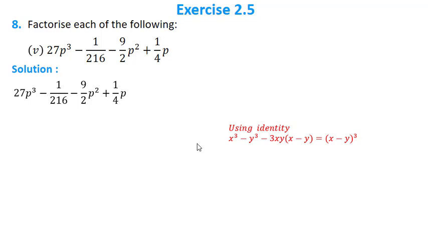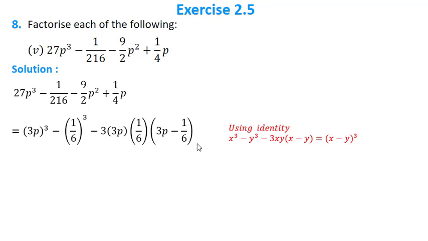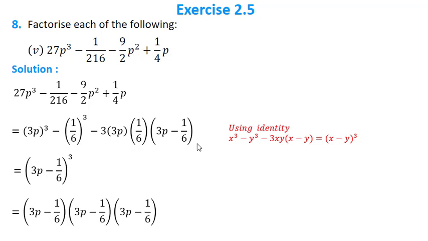So this 27p cube is cube of 3p, 1 upon 216 is cube of 1 upon 6, and then the rest of the terms I will express as minus 3 into 3p into 1 upon 6 into 3p minus 1 upon 6. You can open and see, you will get the above expression. So this is 3p minus 1 upon 6 the whole cube. So we will write this as 3p minus 1 upon 6 into 3p minus 1 upon 6 into 3p minus 1 upon 6.